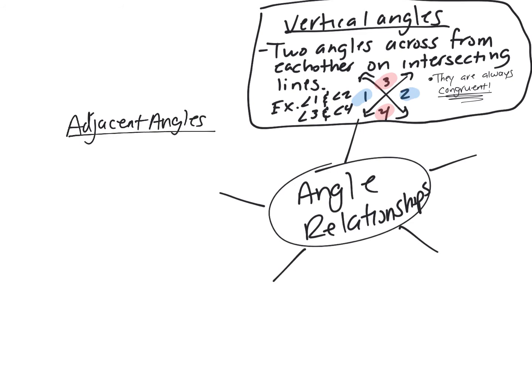Adjacent angles are 2 angles that are next to each other and share a common side.